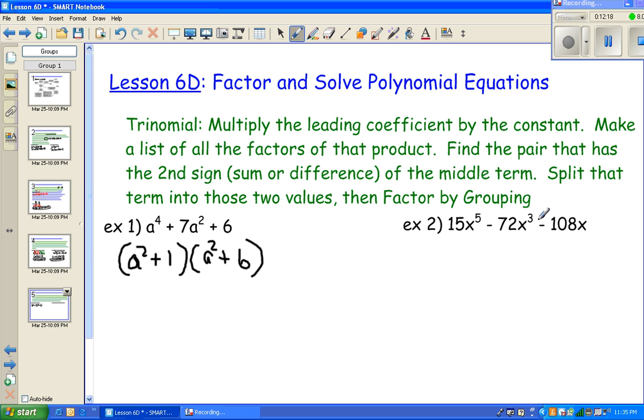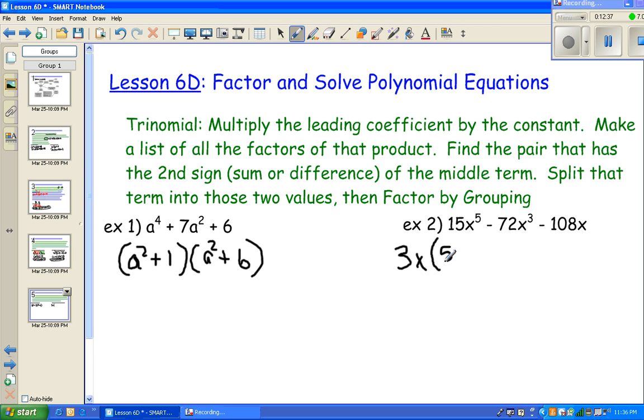So then we're over here. We know there's a GCF of x, but I'm pretty sure we can pull out a bit more than that. So we're actually going to pull out a 3x. So we have 3x.